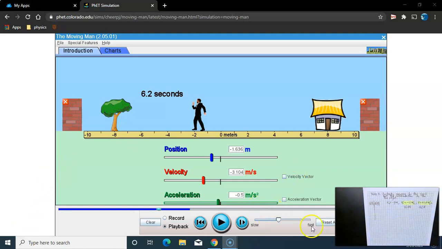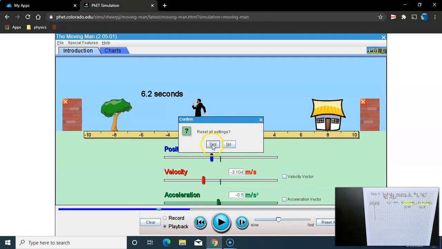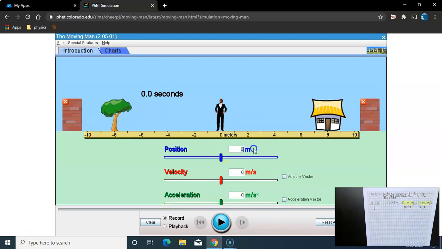So you reset the simulation, put the guy at -4, -2, and positive 1.5. And you click play, see the guy going to the left and then going to the right. You click the playback button to start getting the data.